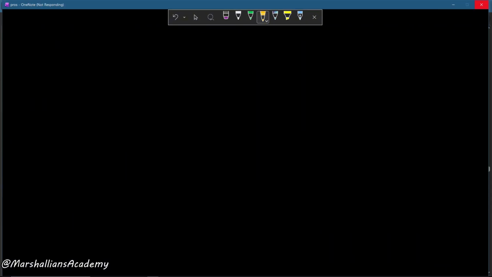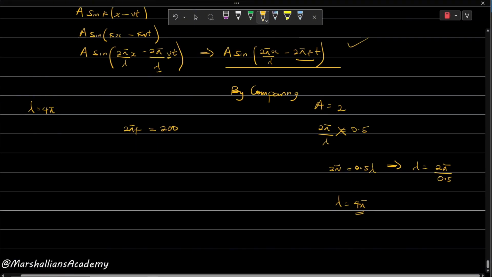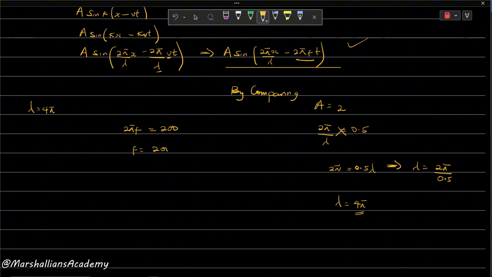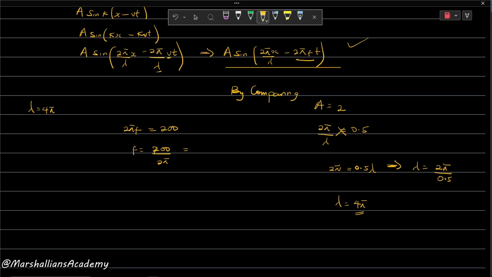Now, therefore, f is going to be equal to 200 divided by 2 pi, which is going to be equal to what? Which is going to be equal to 100 over pi. So this is the frequency, 100 over pi hertz.